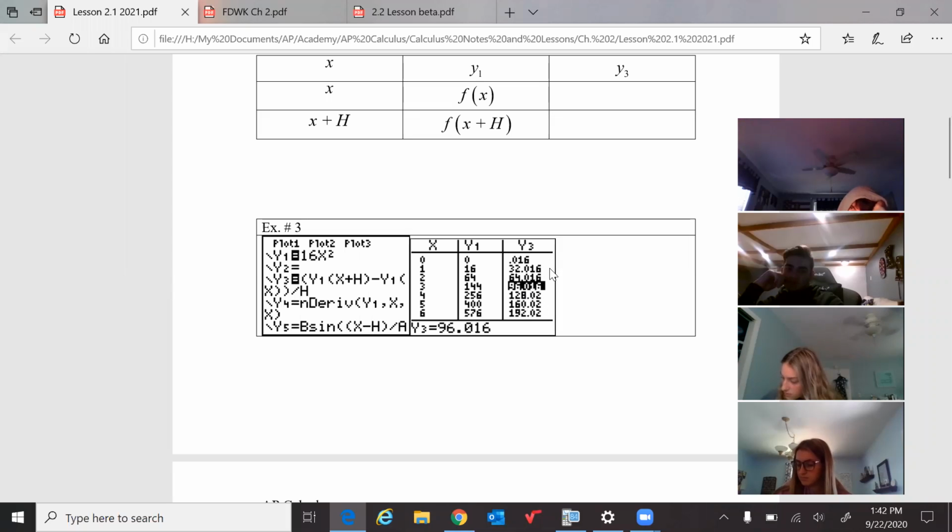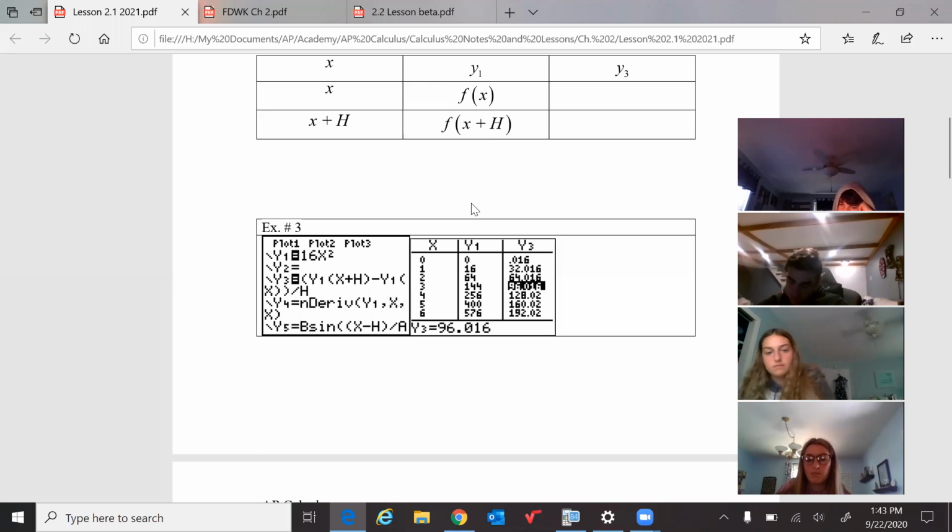Keeping in mind we have this residual because we based our calculation on H being 0.001. But all of this comes back to you making a connection between this table and your Y5, which is your difference quotient.